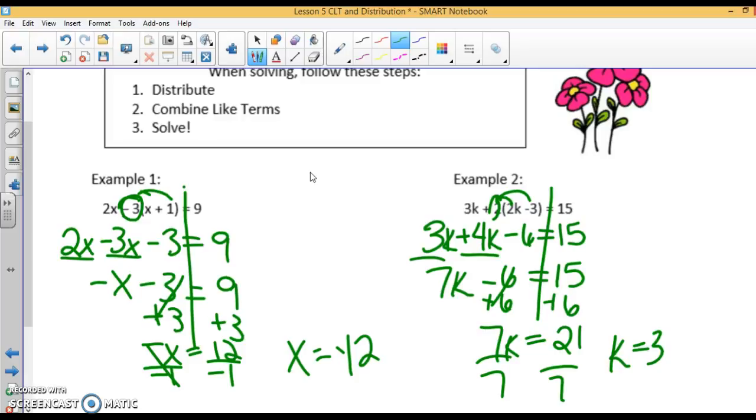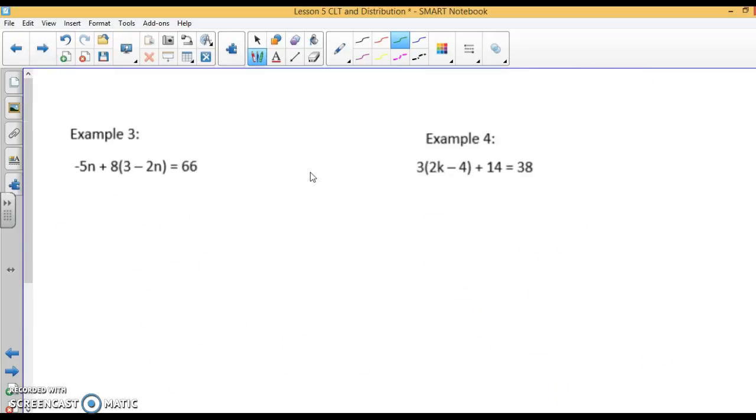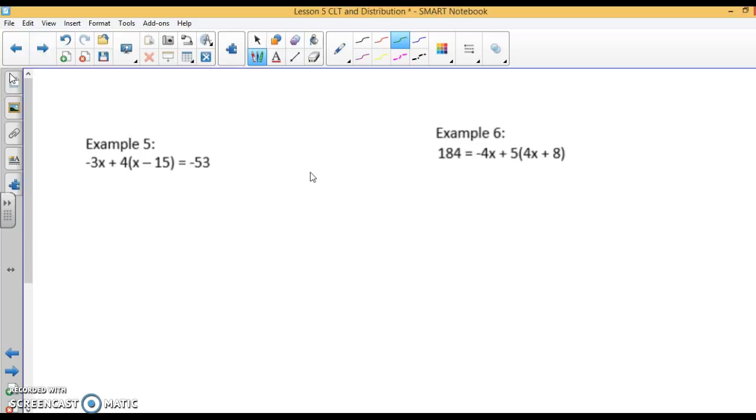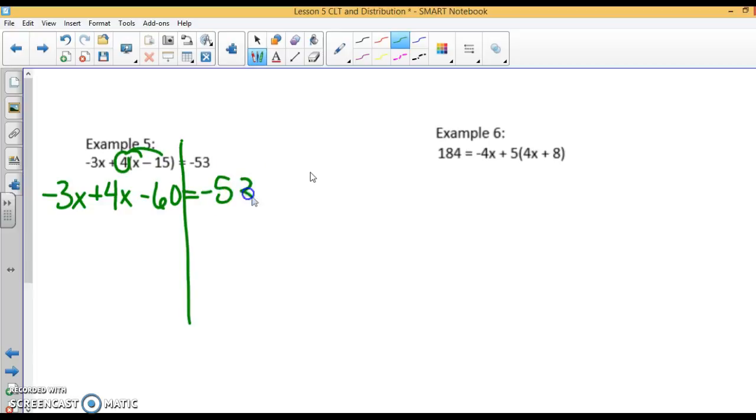Now, if you flip your page, there are a few more examples. But I want to look at example 5. Let's split this up. Same thing. I'm going to distribute inside my parentheses. I'm going to pull my negative 3x over here. And I'm going to do 4 times x, which gives me positive 4x. Then 4 times negative 15, which will give me negative 60, equals negative 53.